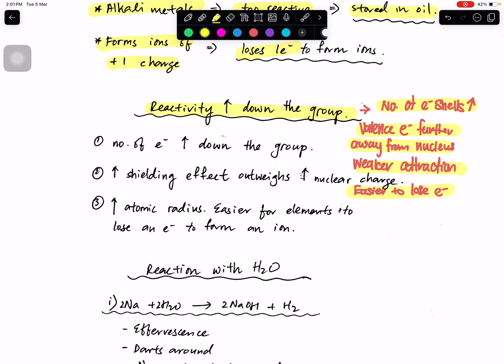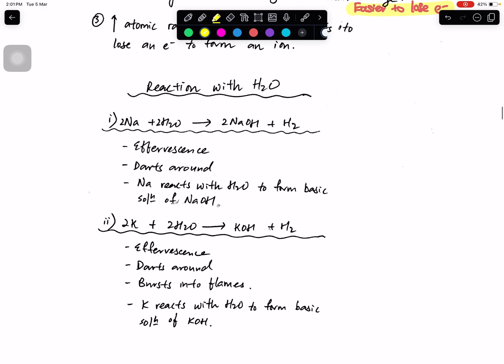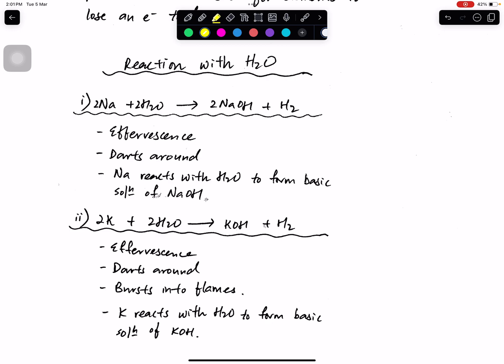Other than that, you need to know the reaction that alkali metals will have with water. Generally when they react with water, they will produce NaOH, or basically an alkaline solution. There's another example here for potassium. You realize these two that I've circled here are your basic solution, your alkaline solution.